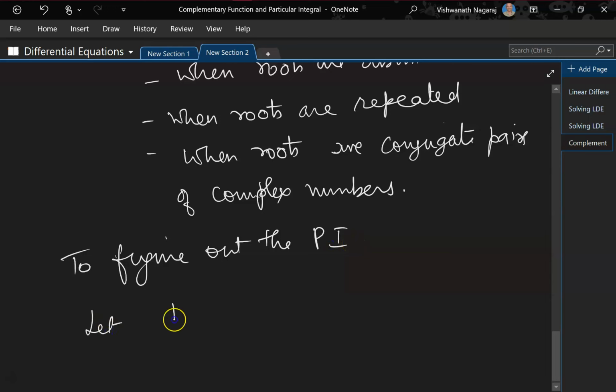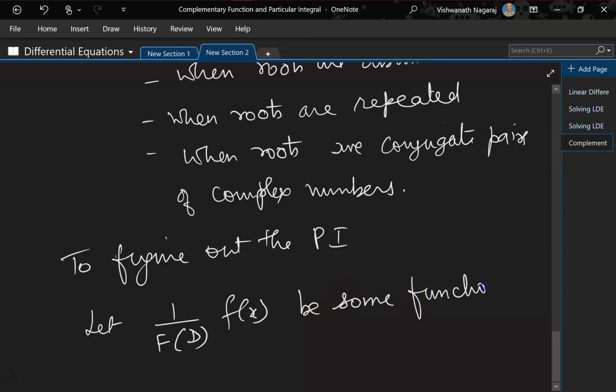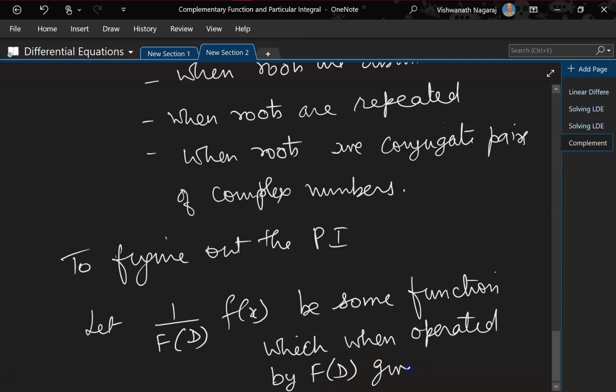To figure out the particular integral, let 1 by f of D of f of x be some function which, when operated by f of D, gives f of x.